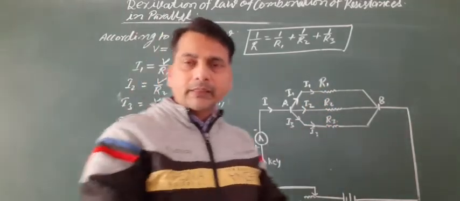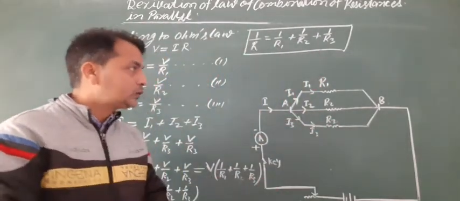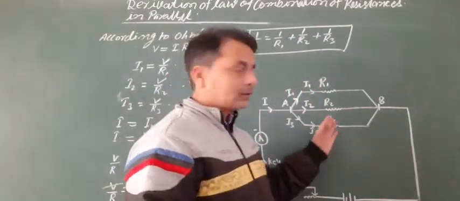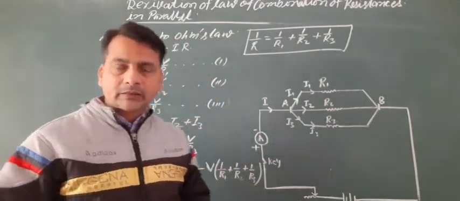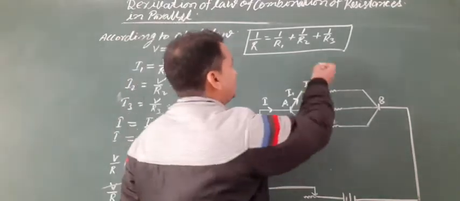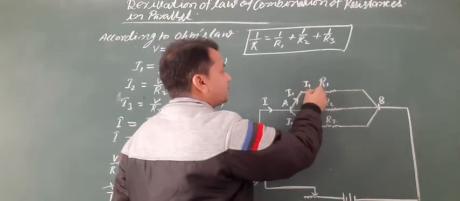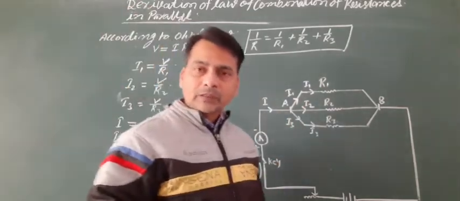So now it is clear that if the resistors are used in parallel combination, the reciprocal of the net resistance is equal to the sum of the reciprocals of each resistor used in the circuit.